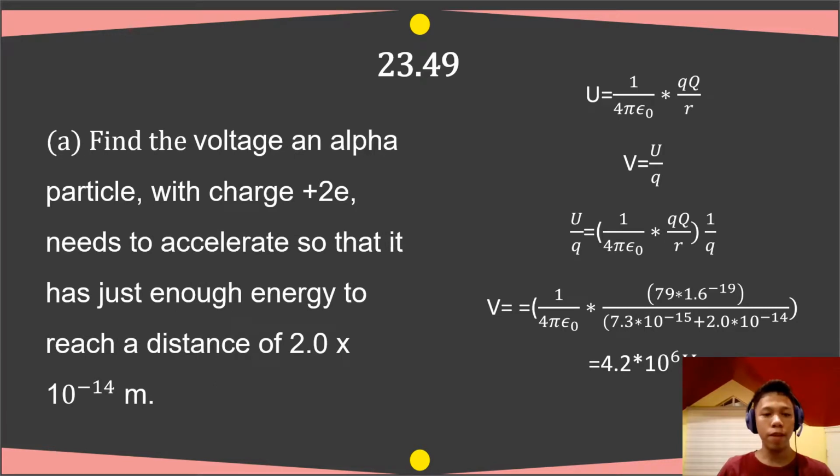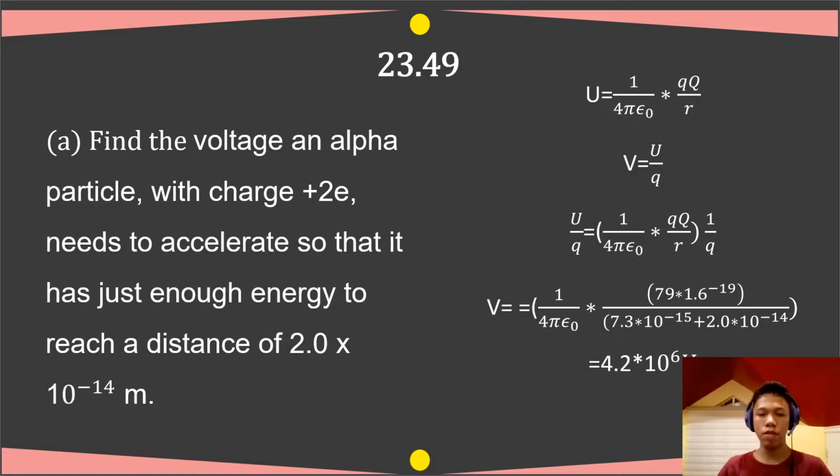So we were asked to find the voltage an alpha particle with a charge plus 2e needs to be accelerated through so that it has just enough energy to reach a distance of 2.0 times 10 raised to negative 14 meters. As usual, we're going to be using the electric potential energy of two point charges, but in addition to that, we're going to divide it by q in order to get the voltage.